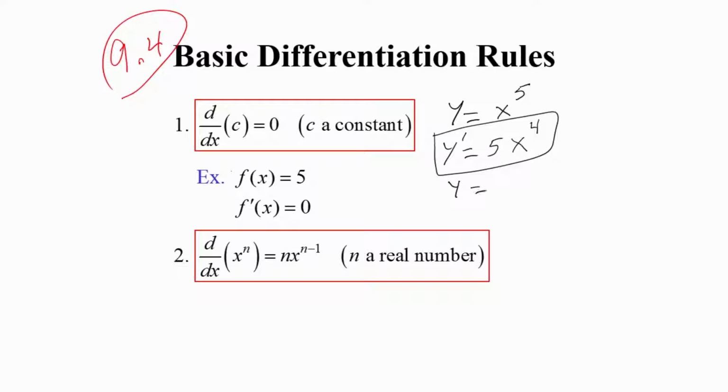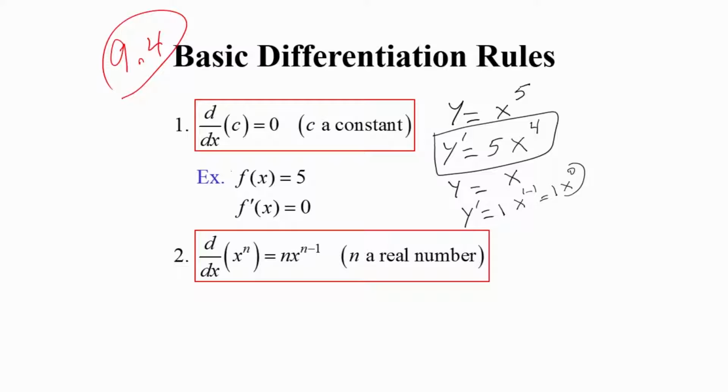I'll give you another one. Y equal x. The power is only 1. So y prime, or f prime of x, it doesn't make any difference, it's just notation. Y prime would be 1, the power comes to the front, times x, now subtract 1 from the power, so 1 minus 1. So here would be 1 times x to the 0 power.